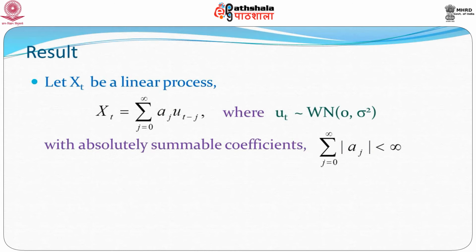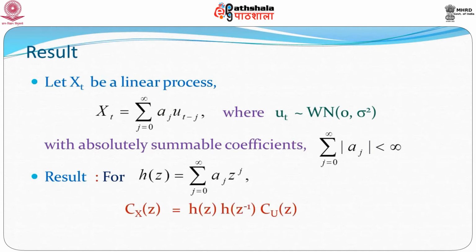So, the a_j's are absolutely convergent, so that it really means that the summation of modulus of a_j is less than infinity. So, under these conditions, what we can say is that for h(z) defined as the sum over j of a_j z to the power of j, C_x(z) would be h(z) into h(z) to the power of minus 1 into C_u(z).